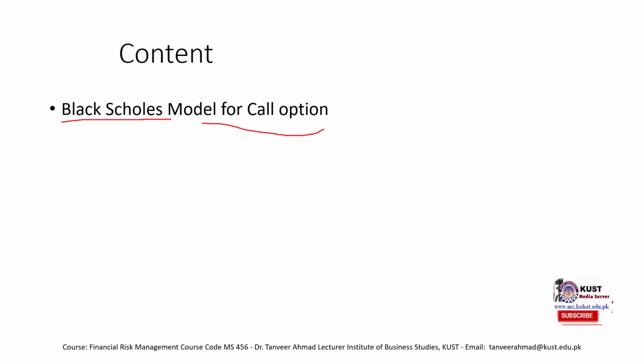And before that, if you remember, we started our discussion on option strategies, and based on those option strategies, we devised a model which was called the put-call parity model, right?